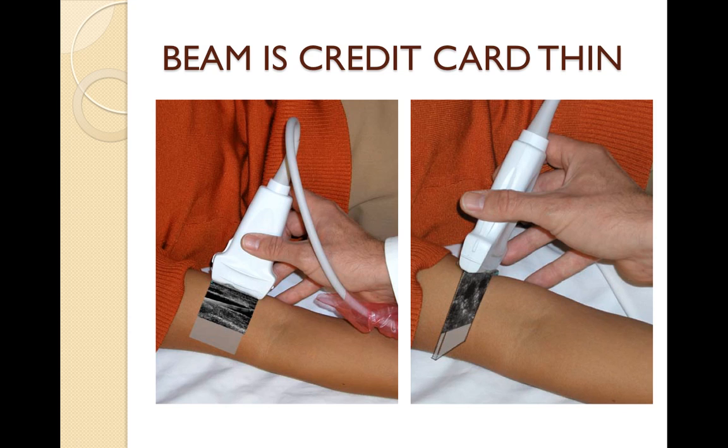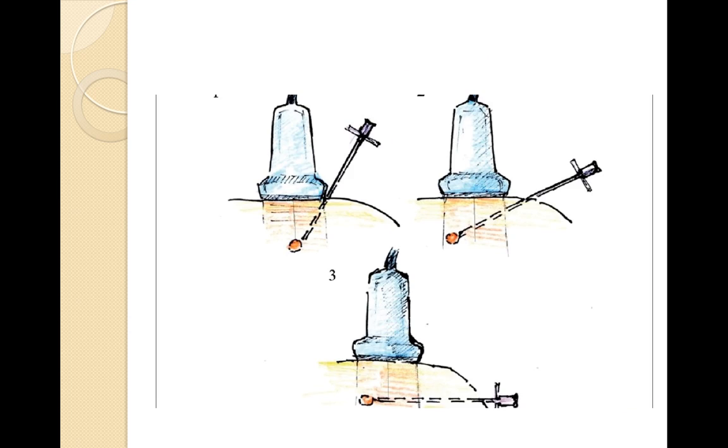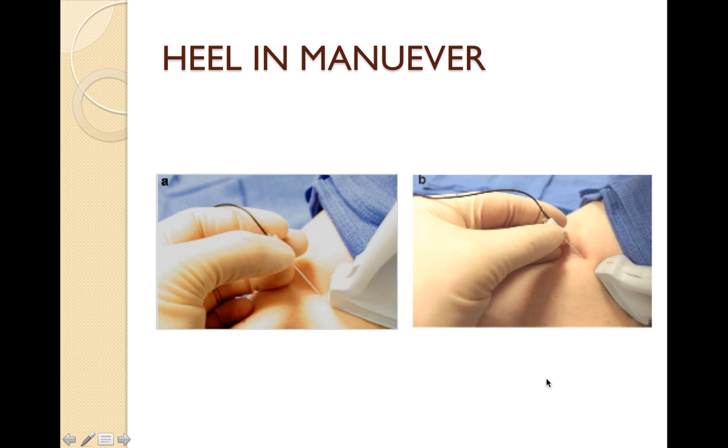Another important point is you have to reduce the angle of the needle as much as possible to visualize it better. Suppose the angle is more, then the ultrasound wave will hit here and go away. Not all that wave will be transmitted back to the ultrasound probe, so it will not look good. But if you reduce the angle, you will have a better image, and if it is parallel to the probe, then it will be the best image.